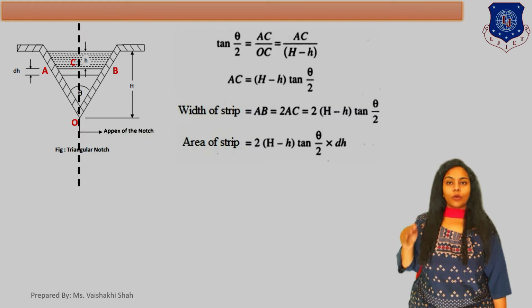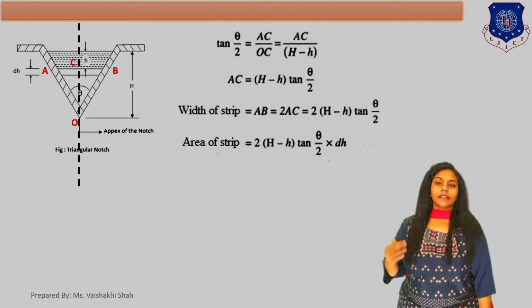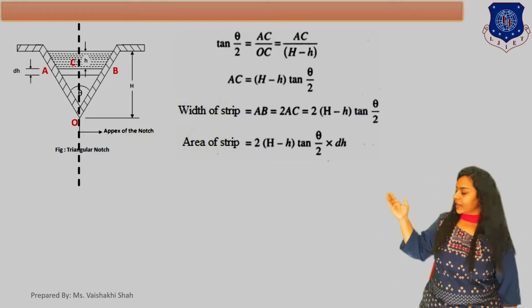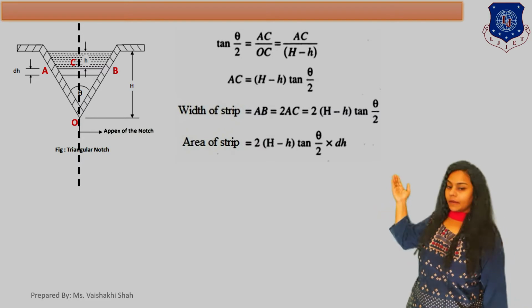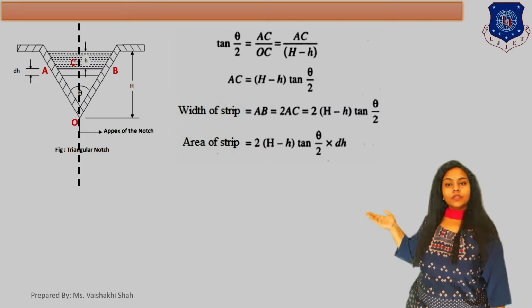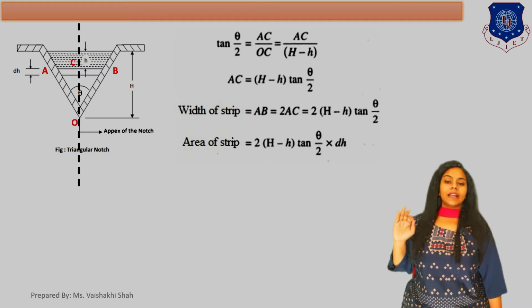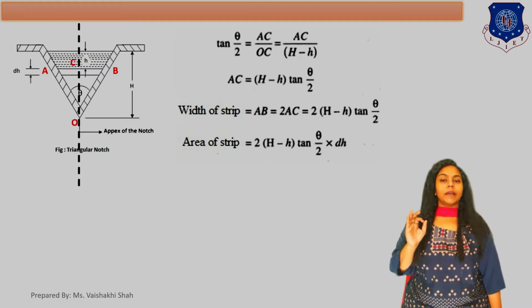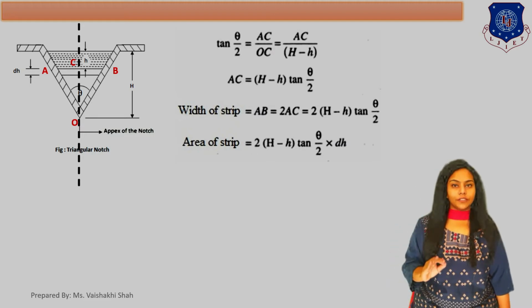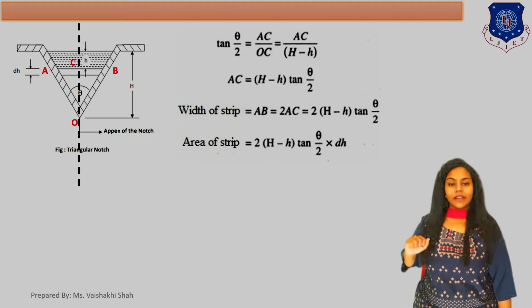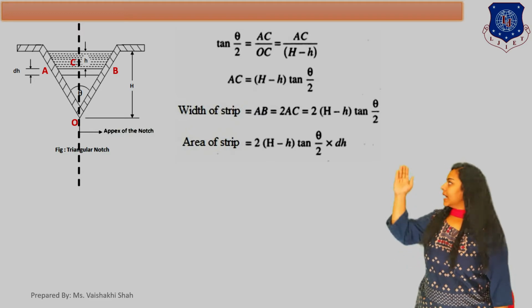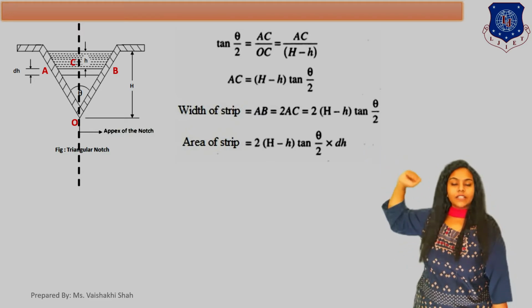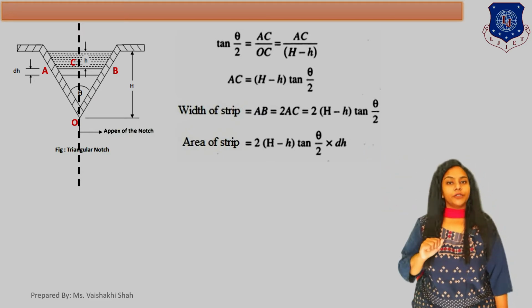From the diagram, OC equals capital H minus small h. So replacing OC with capital H minus small h, AC equals (capital H minus small h) into tan theta by 2.